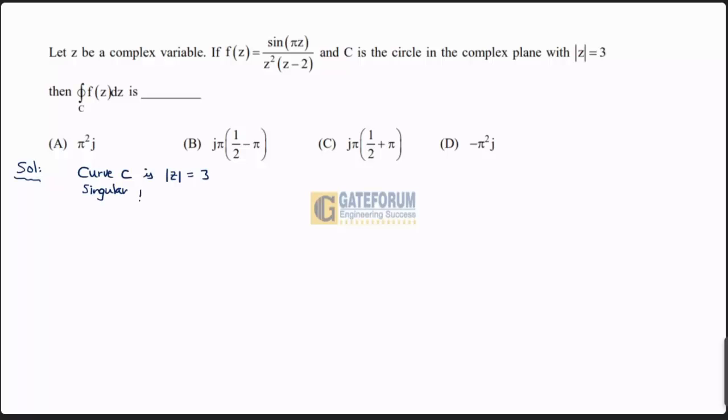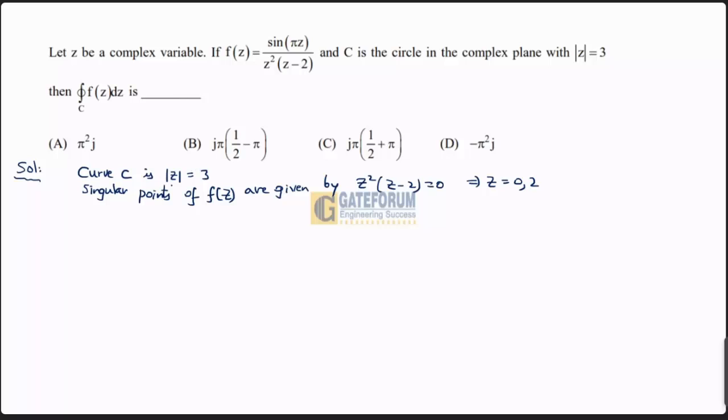Singular points of f of z are given by z square into z minus 2, that is the denominator of the given integrand, equal to 0. This implies z values 0 comma 2. So both lie inside C.